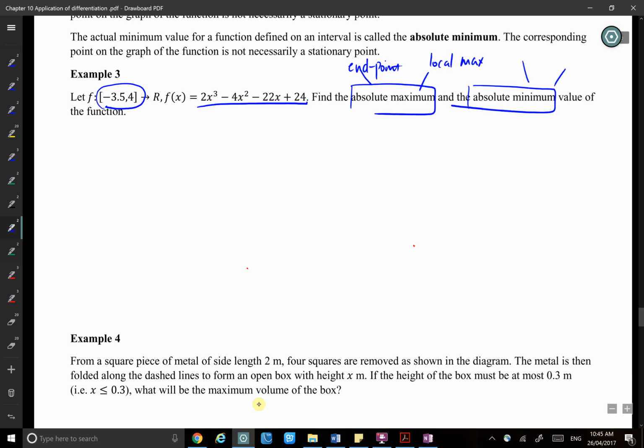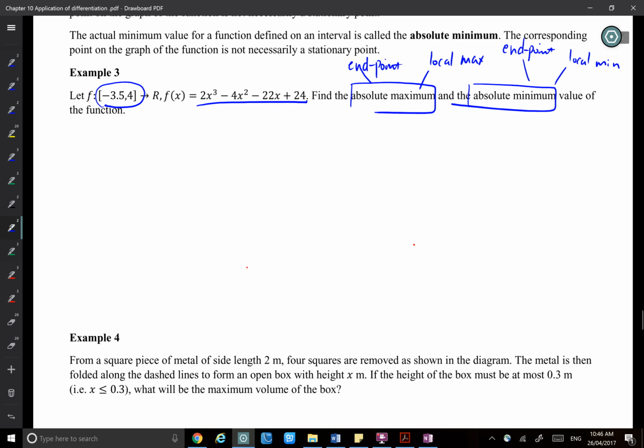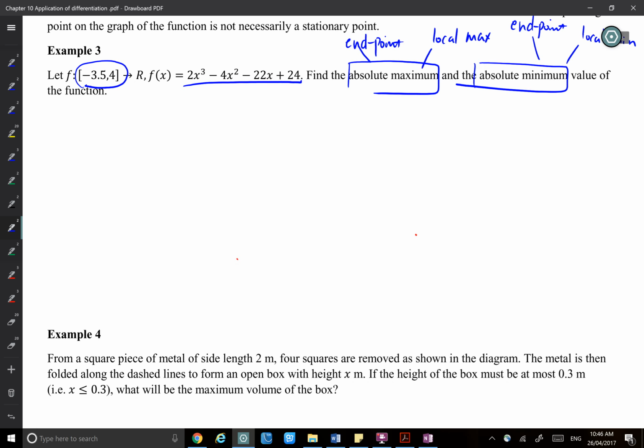The absolute minimum is either one of the endpoints or the local minimum, the turning point. So what you need to work out is the local maximum and minimum, and the two endpoint values.